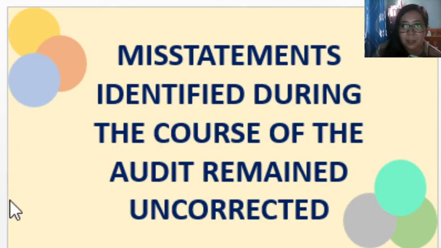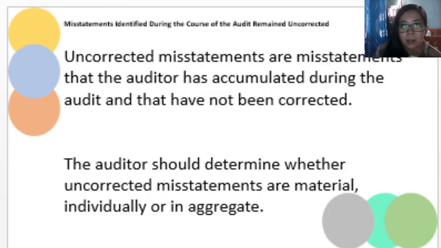Okay, so in this video lecture, we will continue with misstatements that are identified during the course of the audit but still remain uncorrected by the management. So how should the auditor deal with this?